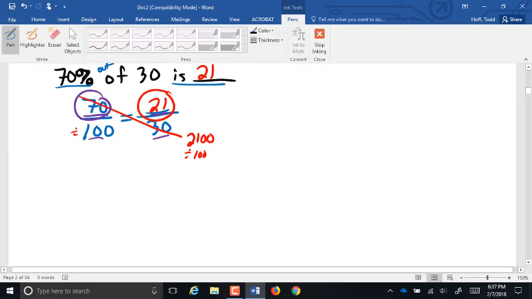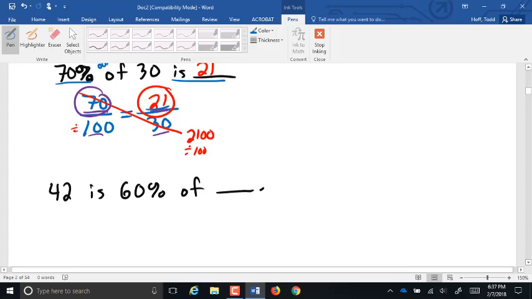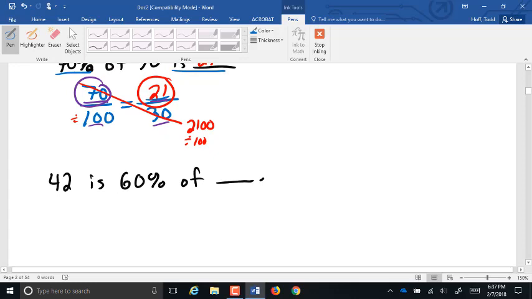We might have 42 is 60% of blank. This one's a slightly different type of problem. We're going to start out the same way. 60% is 60 out of 100.